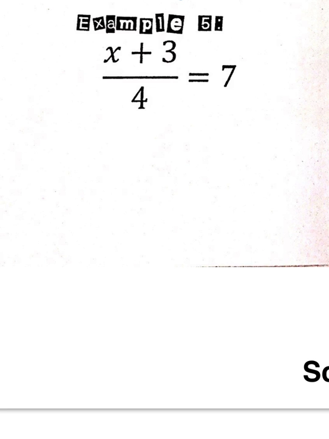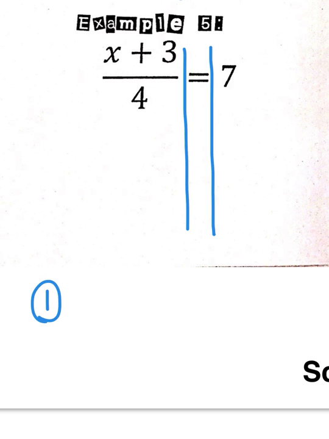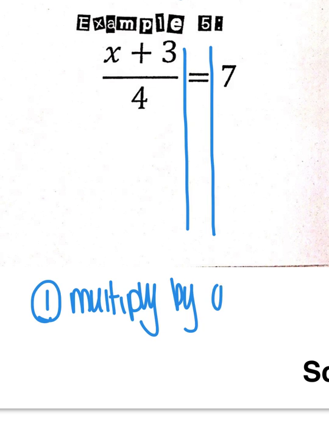All right? So what we're going to do first, draw your railroad tracks, and I'll write some directions down here. So step 1, you're going to multiply by the denominator, okay?